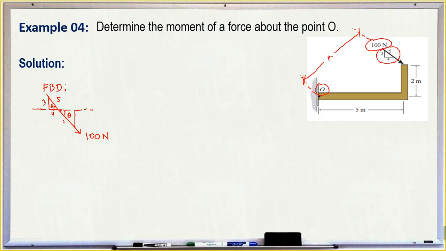This is 5, this is 3, and this is 4. So para makakuha ta sa iyang component, naa tay horizontal component niya, napod tay vertical component niya paingon downward. Okay? Mao ni siya ang 100 Newton nga force. And this is our angle theta.